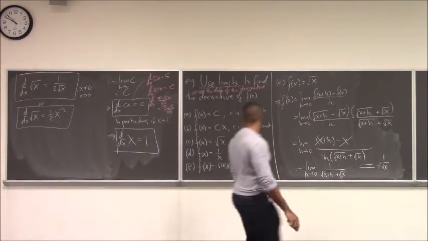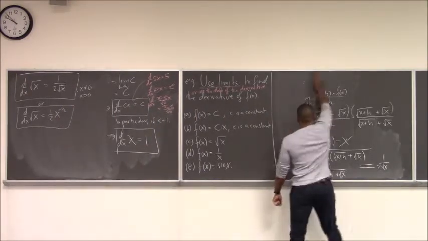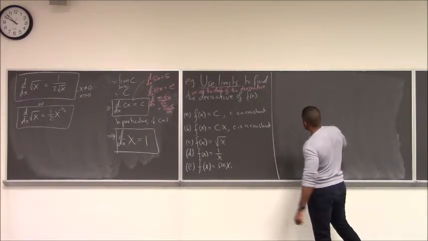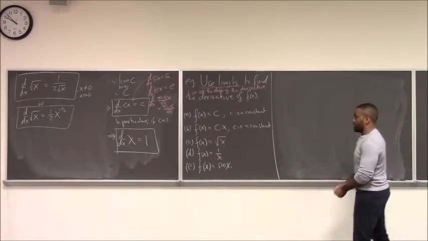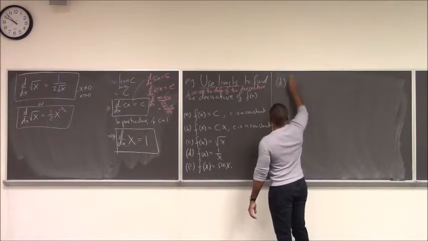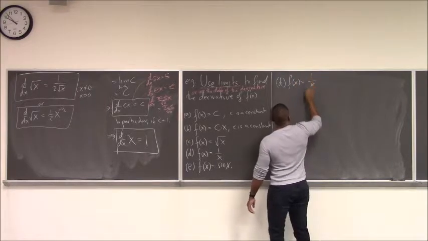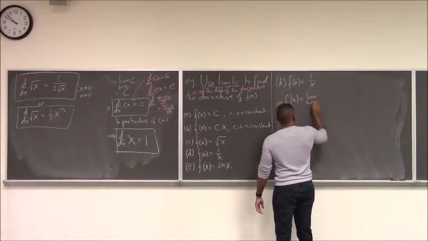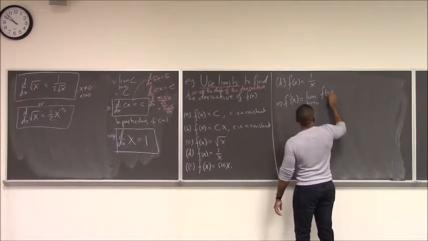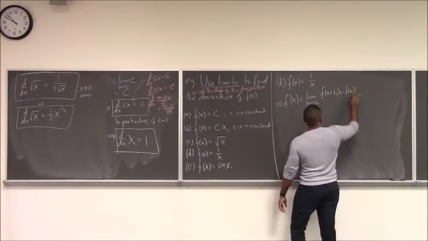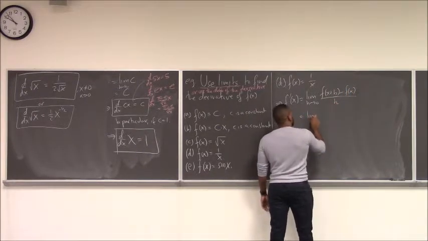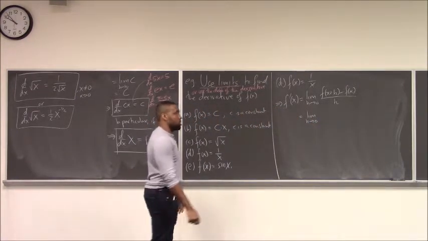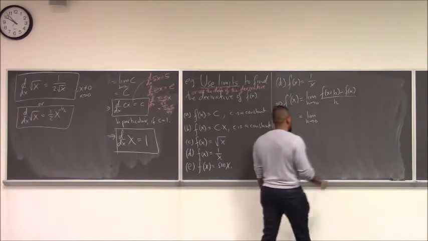Let's take a quick look at 1 over x. So remember, f of x plus h means I go to the original function, everywhere I see an x, I replace with x plus h.